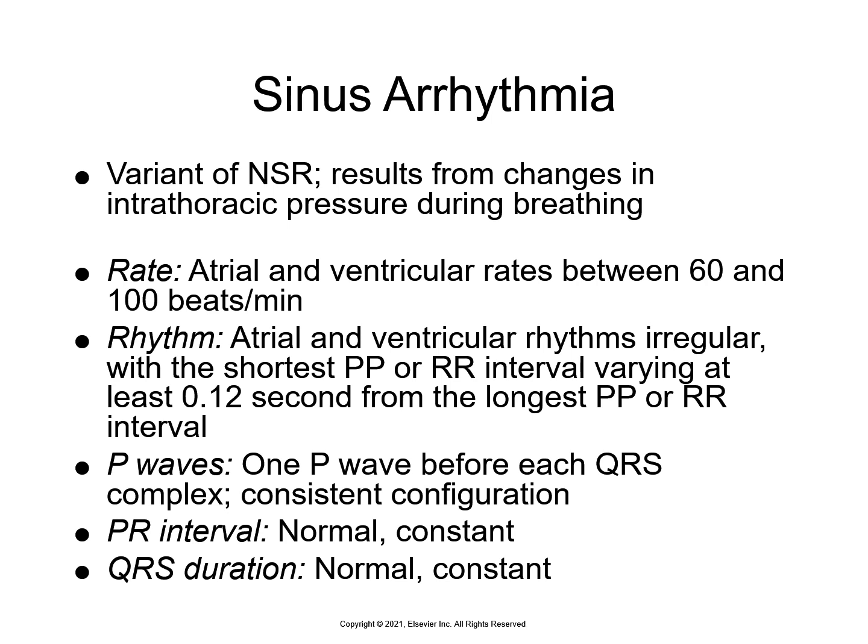You may see a longer duration when they breathe. So you're going to see still one P wave before each QRS, and a normal constant PR interval and a normal constant QRS. So this is really just a variant.